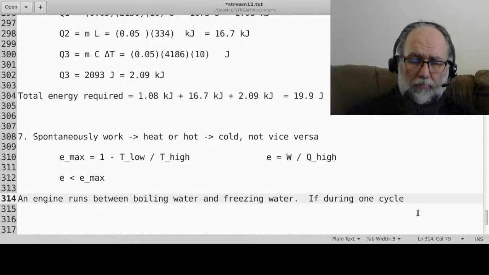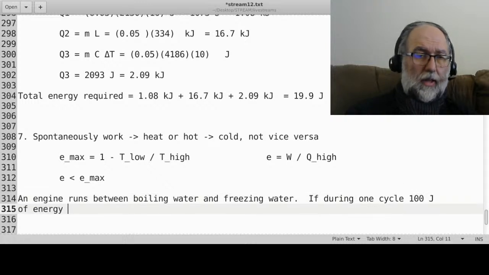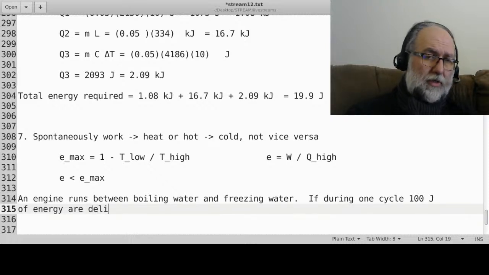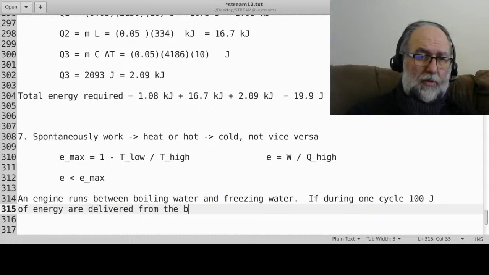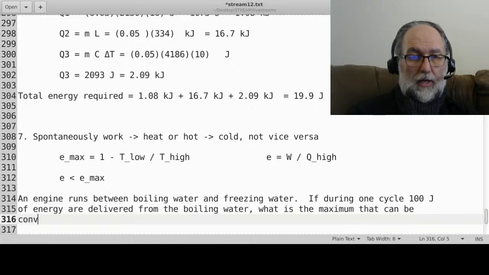If during one cycle 100 joules of energy are delivered from the boiling water, what is the maximum that can be converted into work?